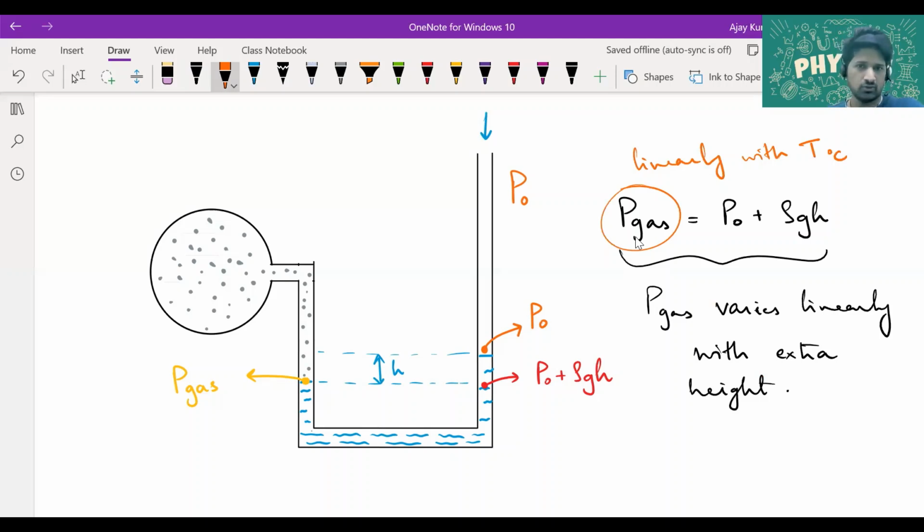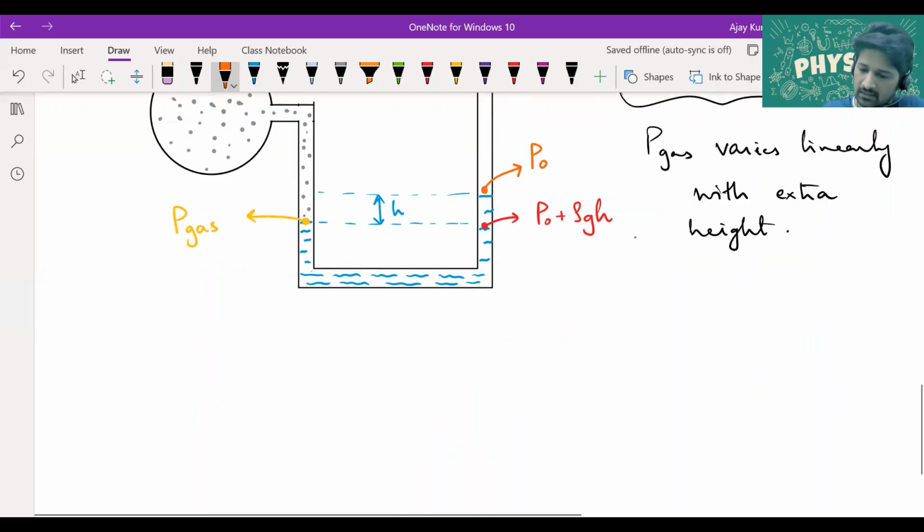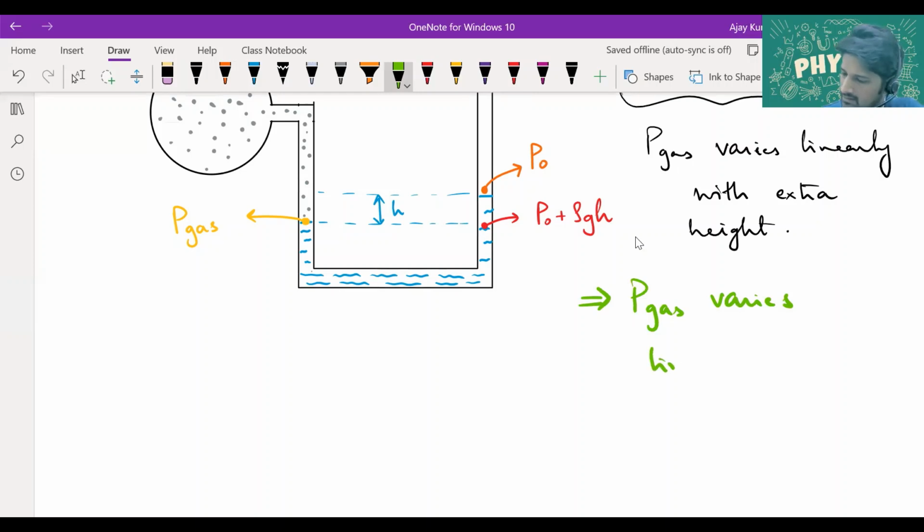Now this shows that pressure varies linearly with that extra height also. Now if pressure varies linearly with temperature and pressure varies linearly with height, then from these two we can conclude that the pressure of the gas varies linearly, meaning the equation will be a straight line equation, with the extra height of the liquid.